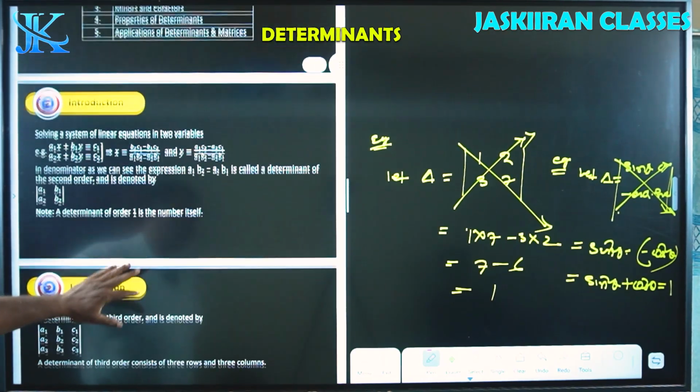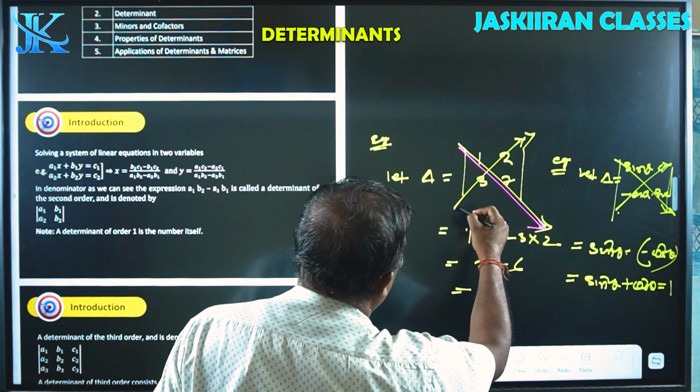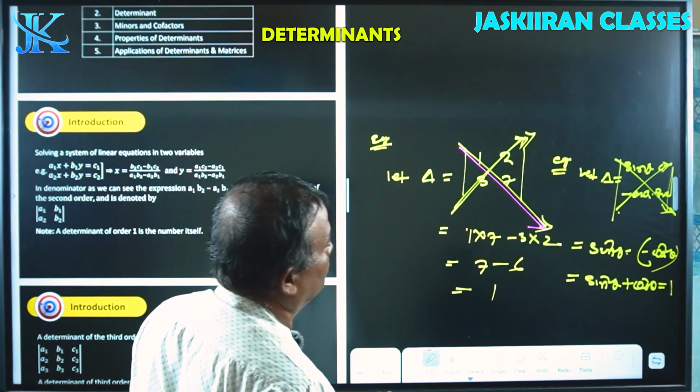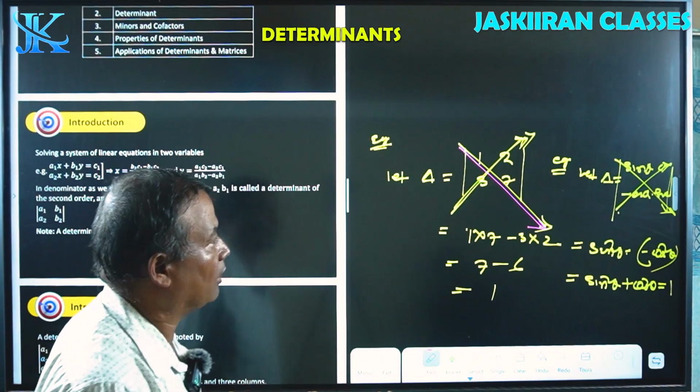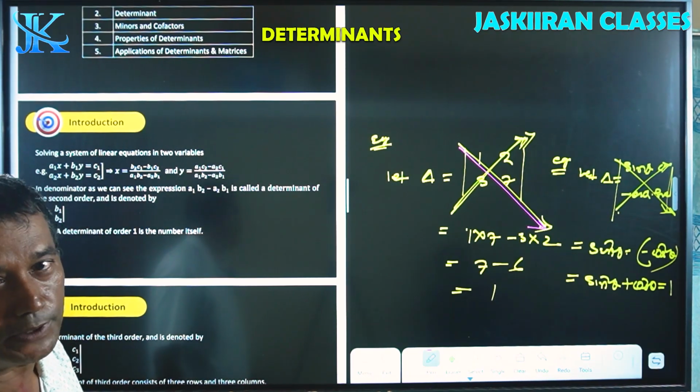How do we get it? First you take the principal diagonal, then the secondary diagonal. Why can we not write the secondary diagonal minus the principal diagonal?